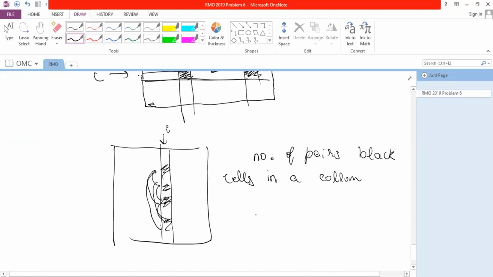So now let S denote the set of all such pairs.